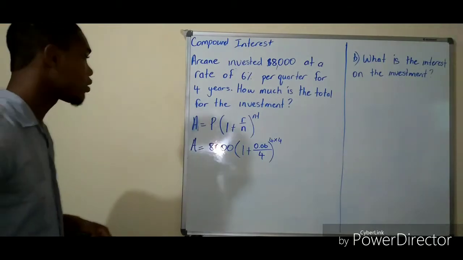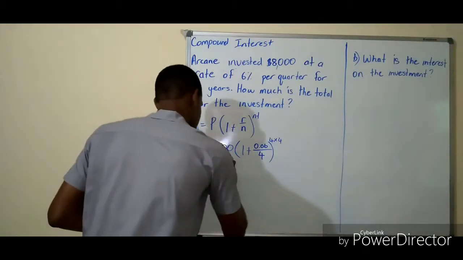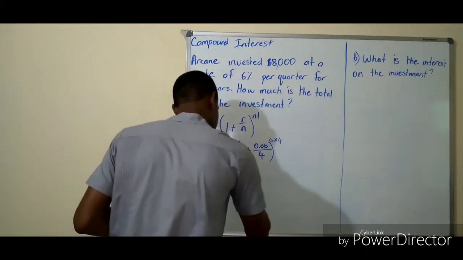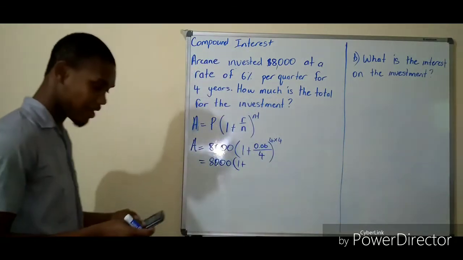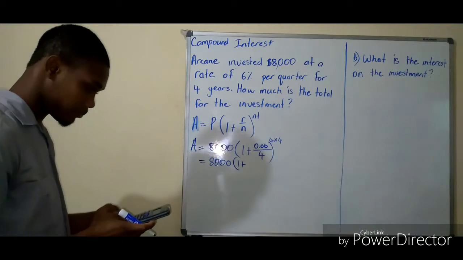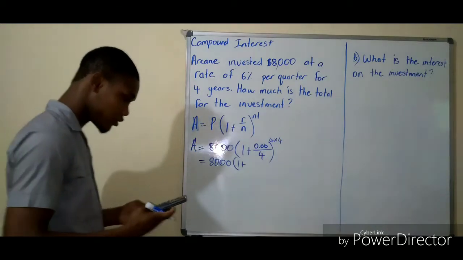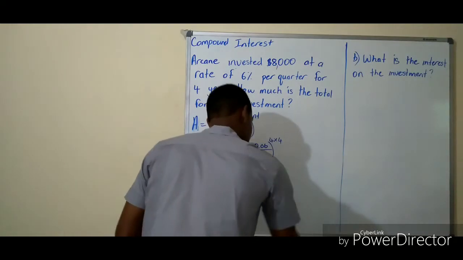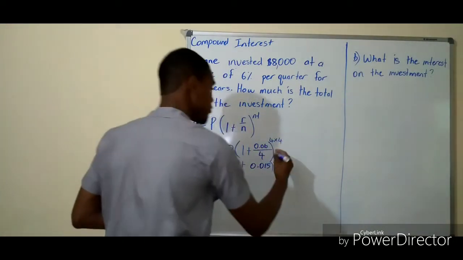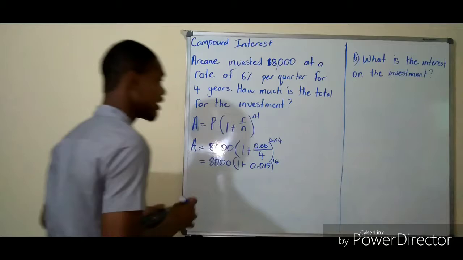Now you generally work out what's in the bracket first. So that's 8,000, open bracket, 1 plus 0.06 divided by 4. That's divided by 4 gives us 0.015. And 4 times 4 gives us 16 for the index.